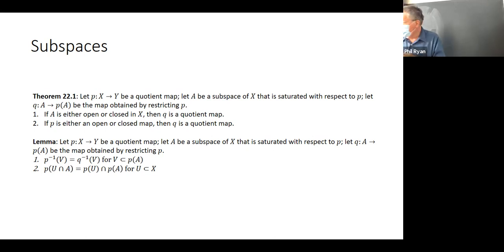So why is that lemma true? Well, since V is contained within P of A, that means the inverse image of V is contained within A. And since A is saturated, both of these sets, the inverse image under P and the inverse image under Q, are exactly those points of A mapped into V by P, so they're the same.